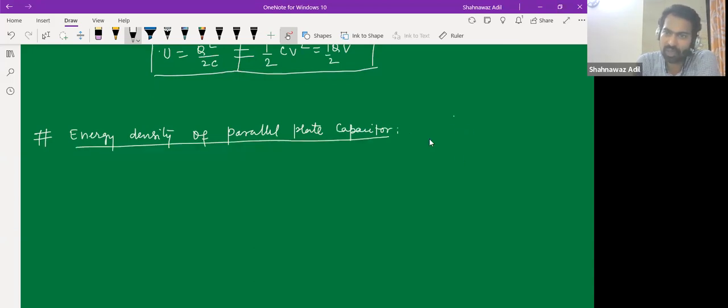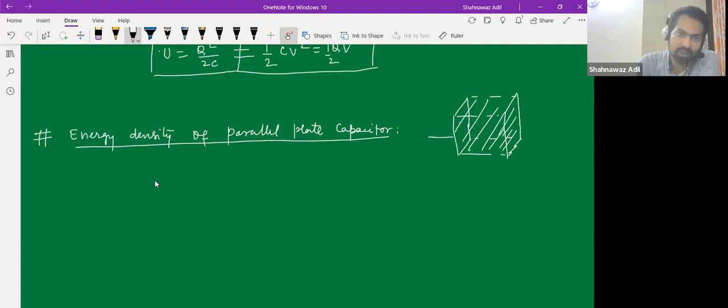So we have this parallel plate, right? This is a sheet, and the distance between them is d. Now we are calculating the energy density in this volume.